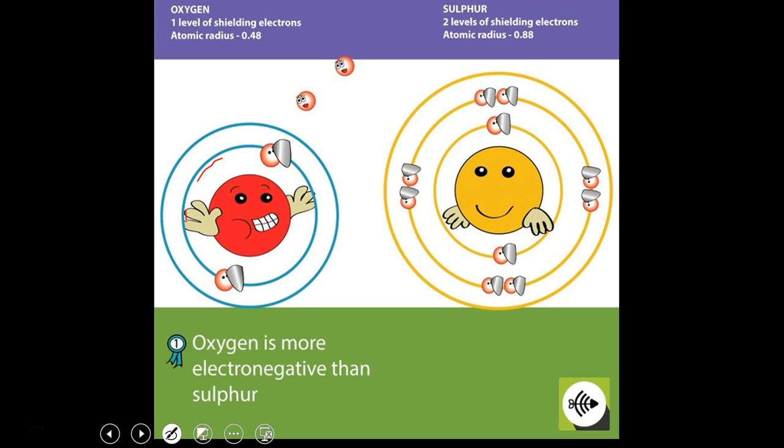That shielding is these electrons pushing each other away, which is going to make it bigger. And because it's bigger, these electrons are farther away from mama nucleus. Again, the farther away they are, the less control or influence it has over the electrons.